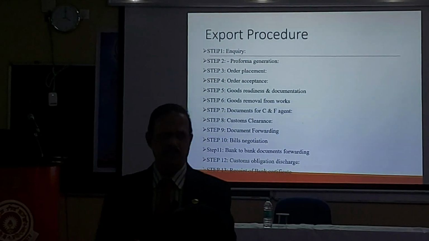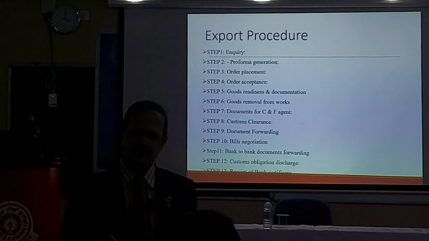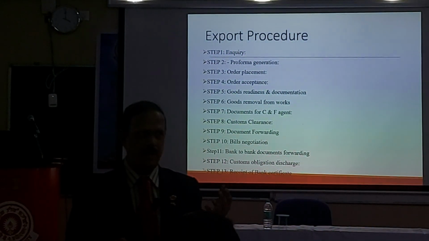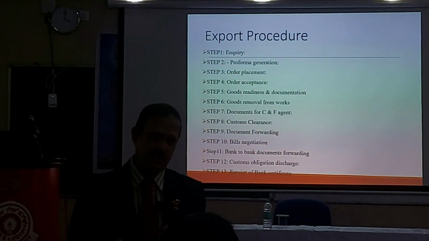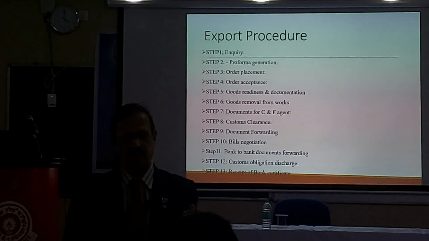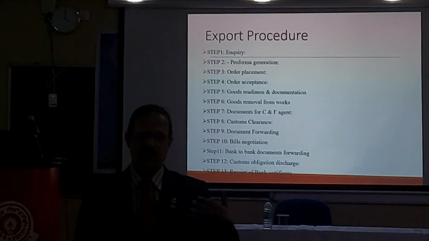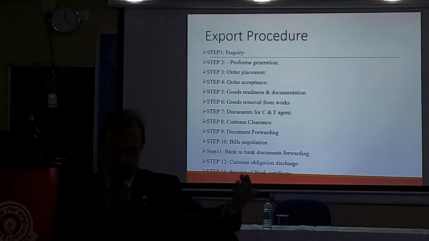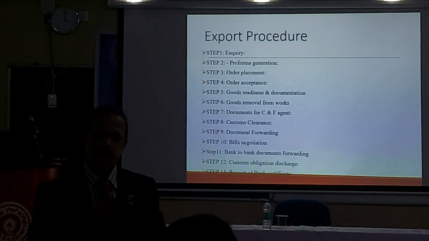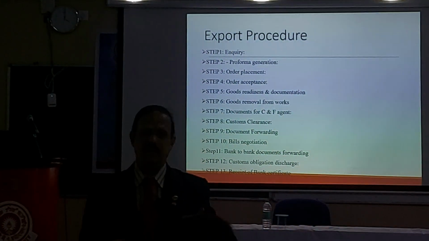See, for example, if you are manufacturing some item which I am exporting, and I am importing the raw material for that, it's not available in India. Or suppose the raw material is available in China at low price, so I try to buy from China. If I buy from China, I have to pay customs duty when I import into India. Now, as I said, for an export item, customs duty is not applicable.